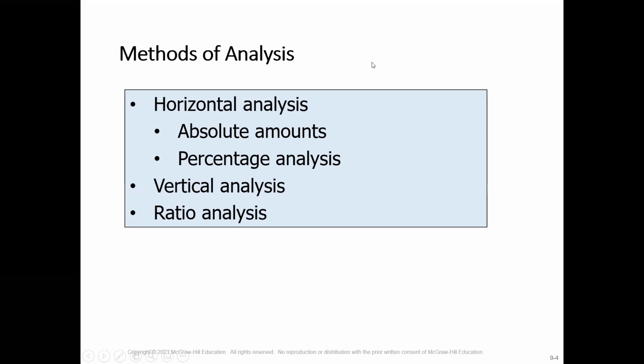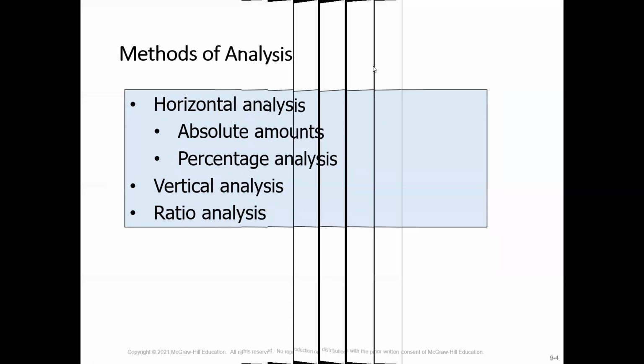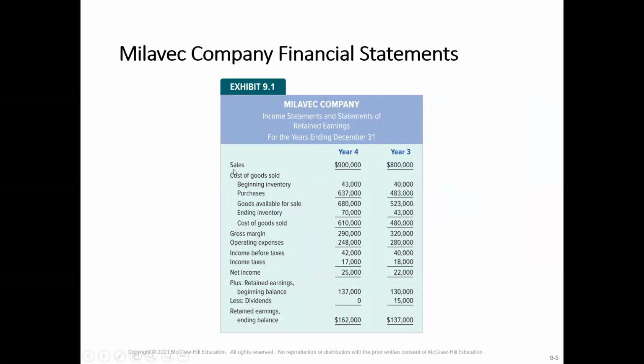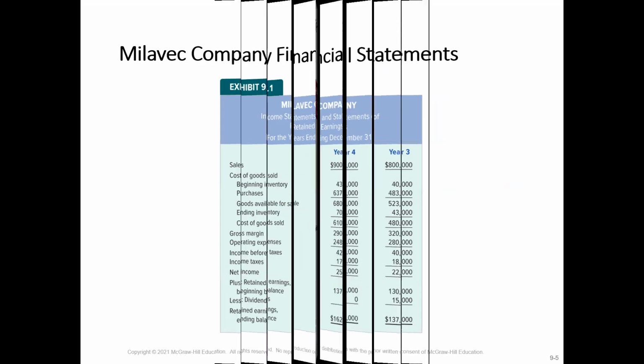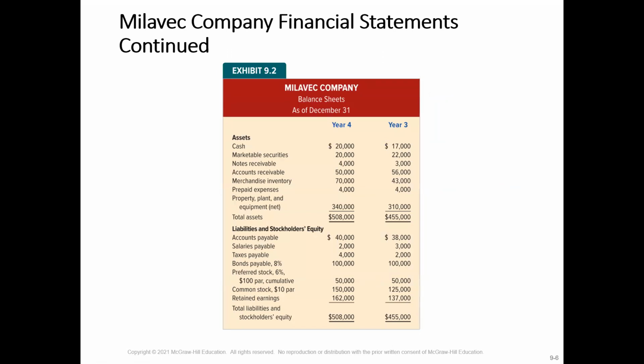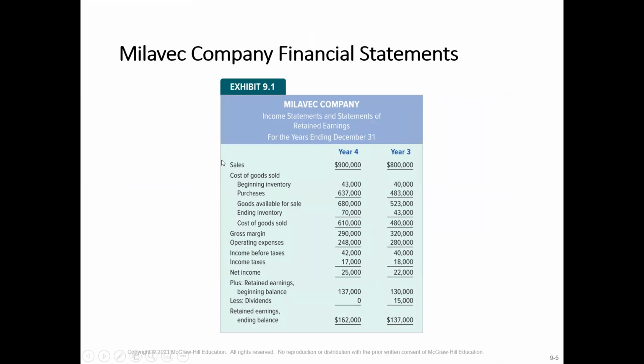So basically, you're going to be looking at just one line. Like in this case, we have the income statement for Milavec Company presented on the top of 329. We also have the balance sheet, which is presented side by side on the top of 329.